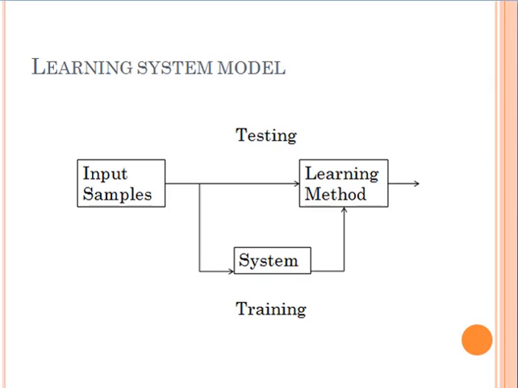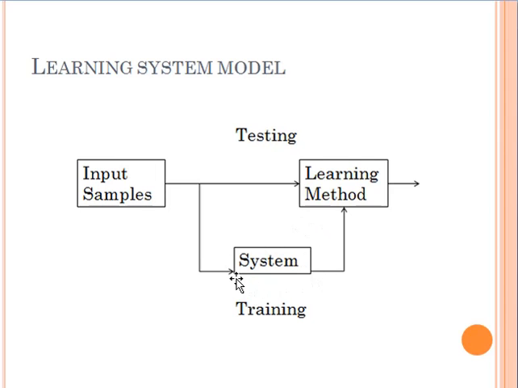Now, let's have a look at the learning model of a machine learning based model. Initially, we have some input data set, or we can say that we have some input samples, and we provide these samples, or the training data set, to the system, right?